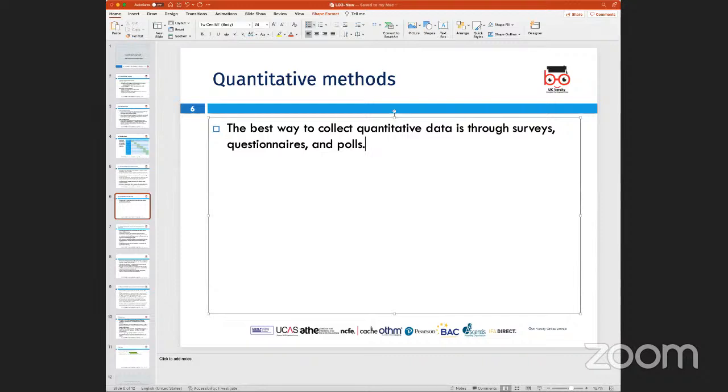Now, the accuracy of quantitative research depends on the population size, the ease of analysis, and their consistency. That means how many have completed the questionnaires in full, how many have provided answers to all the survey questions which have been given.